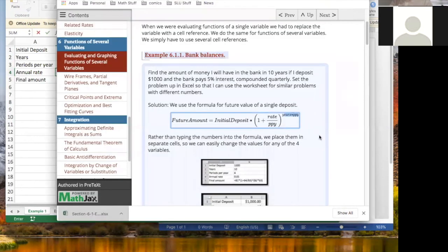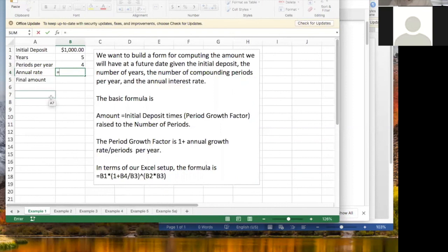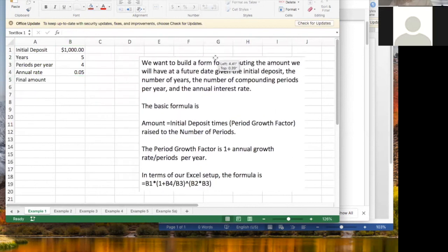In our example, we start at an annual rate of 5%, so it's 0.05 or 5%. The final amount, well, let's break apart the formula as we build it.